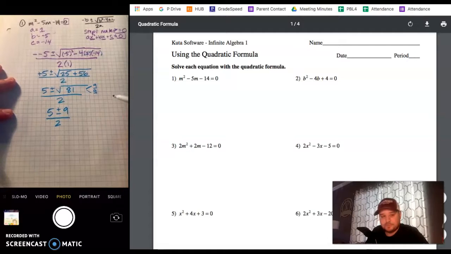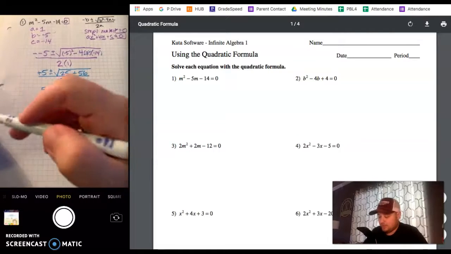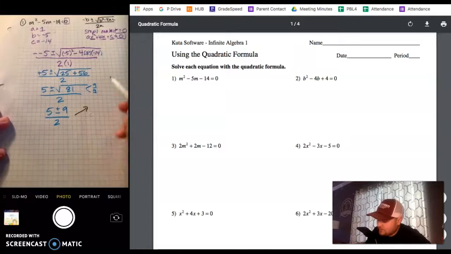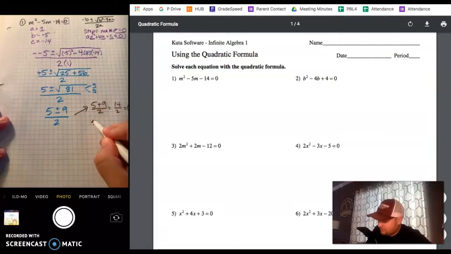Now at this point, I want to break it out into 2 different answers. One of my answers is going to be 5 plus 9 divided by 2. 5 plus 9 is 14. 14 divided by 2 is 7. So there's one of my answers. Now the other answer is going to be 5 minus 9 over 2, right?